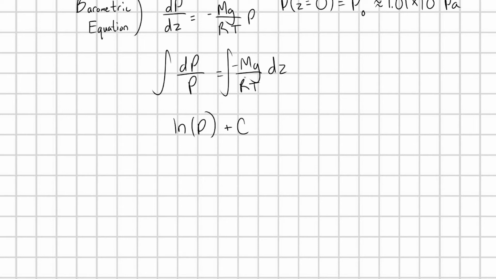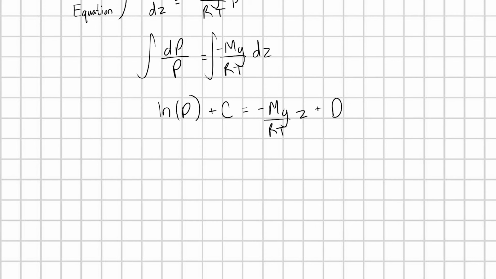Okay, what about this integral? So we have the integral of minus mg over rt dz, right? And so this is simply going to be equal to negative mg over rt times z, because again, this is just a big constant. And again, this is an indefinite integral, so this is also going to have some arbitrary constant, d.